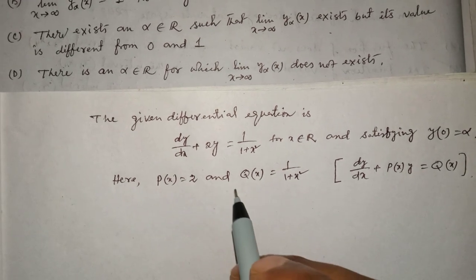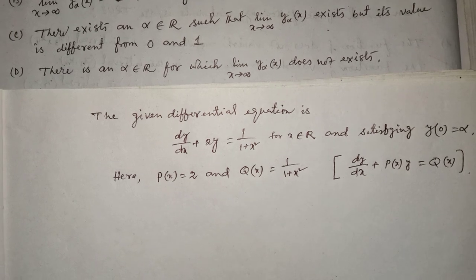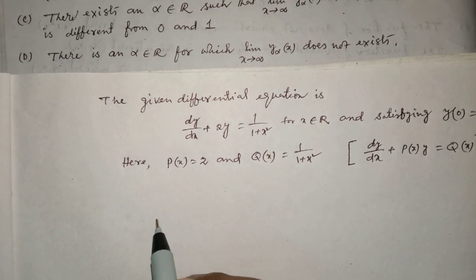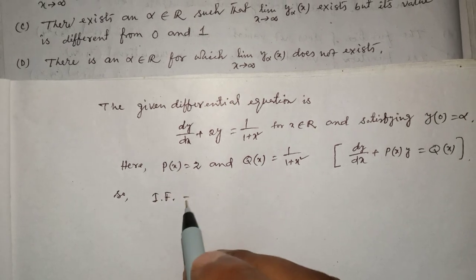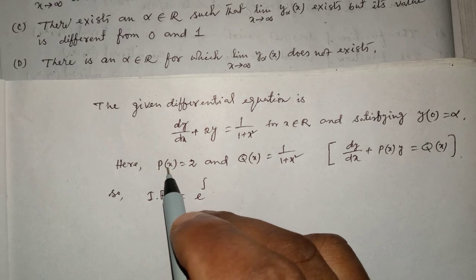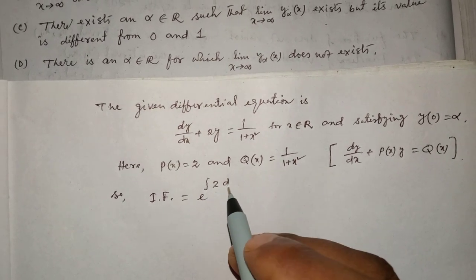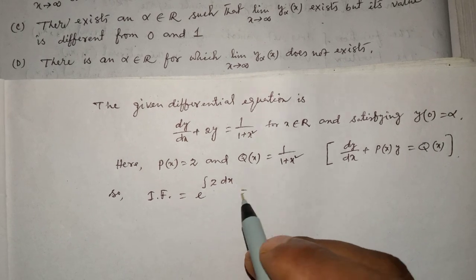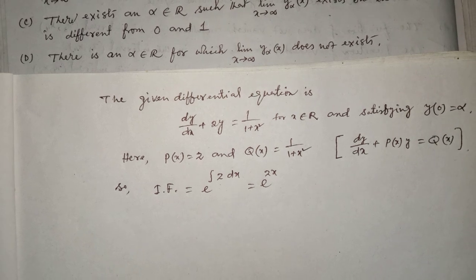So here p(x) equal to 2 and q(x) equal to 1 by 1 plus x square. So integrating factor is equal to e to the power integration p(x) dx. Here p(x) equal to 2, so integration 2 dx is equal to e to the power 2x.